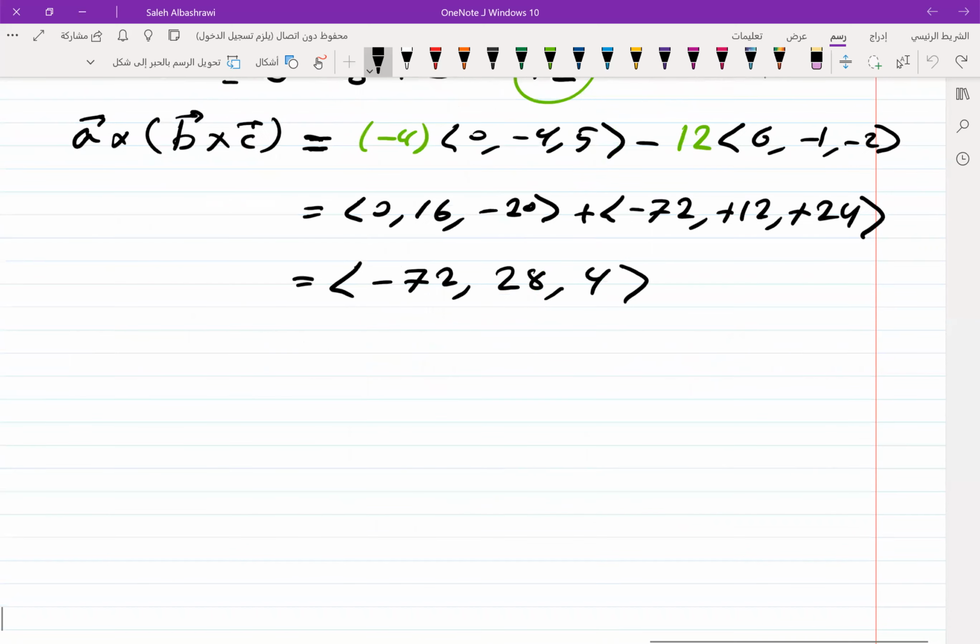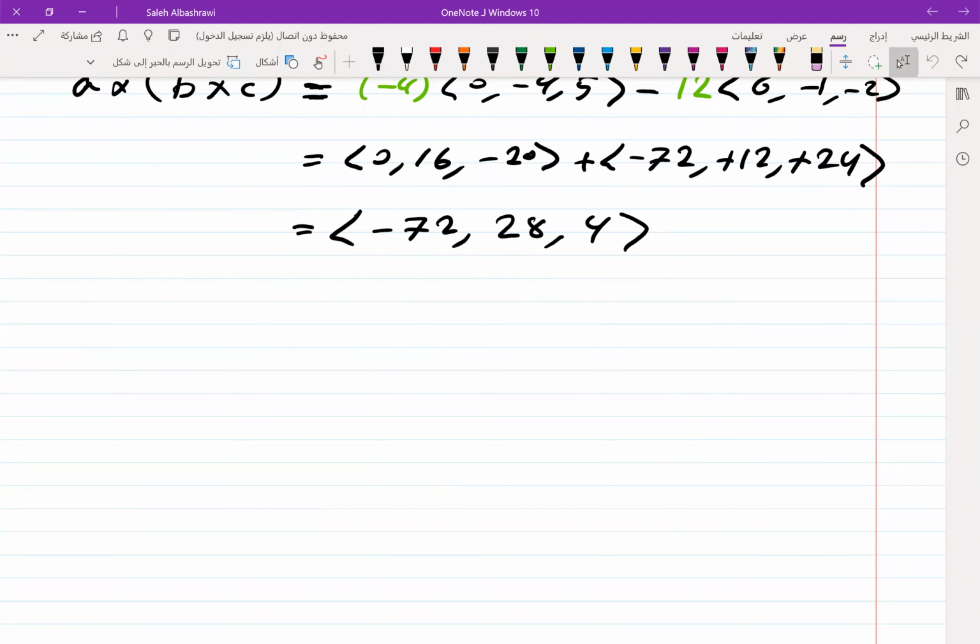Now let's speak about the area of the parallelogram.